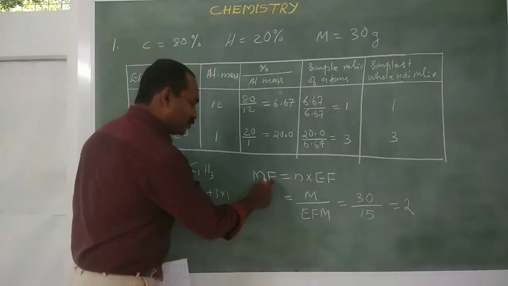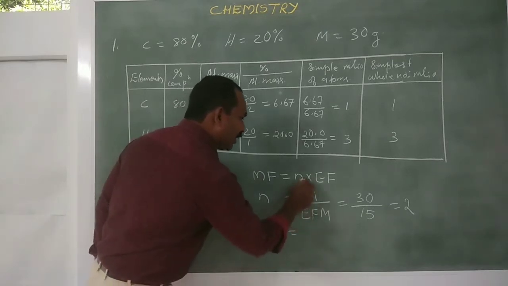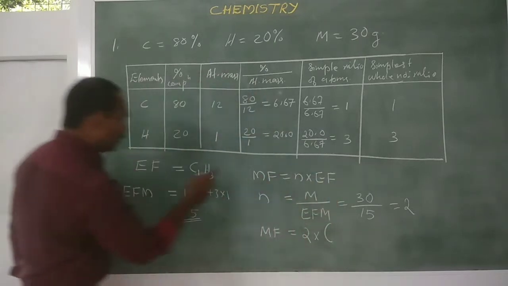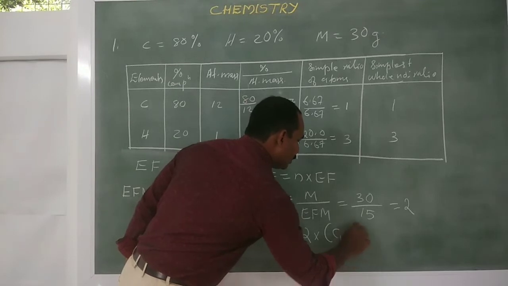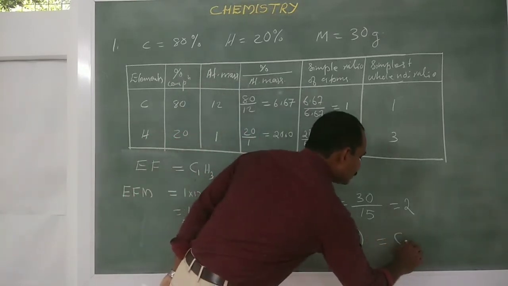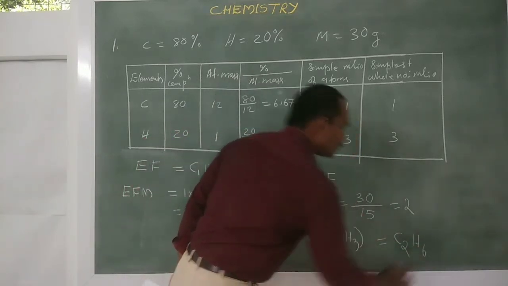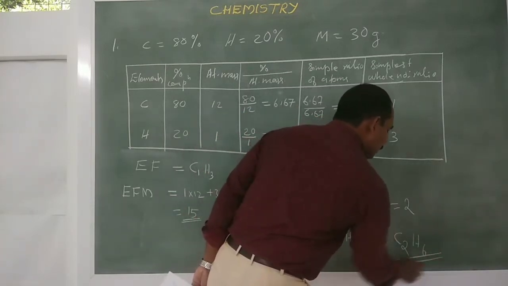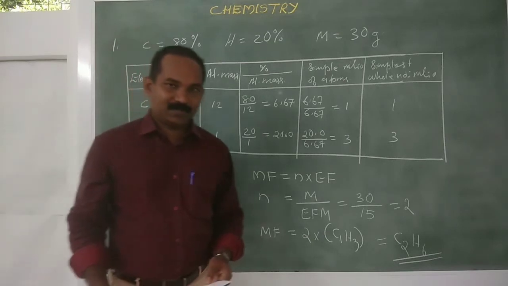Then we go back to the molecular formula. Molecular formula of the compound is N into empirical formula. What is N? 2. 2 into empirical formula. Empirical formula is C1H3. That is multiplied. C2H6. Okay, this is the molecular formula of the compound.